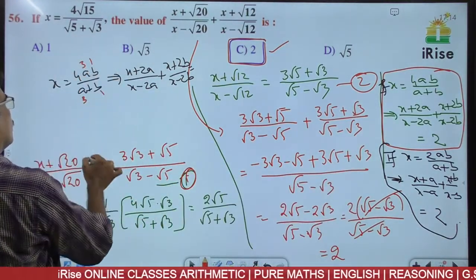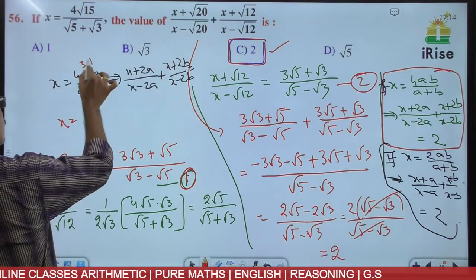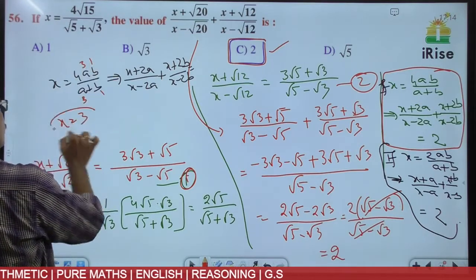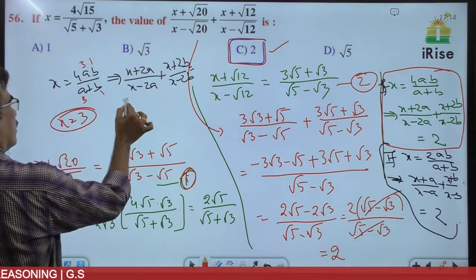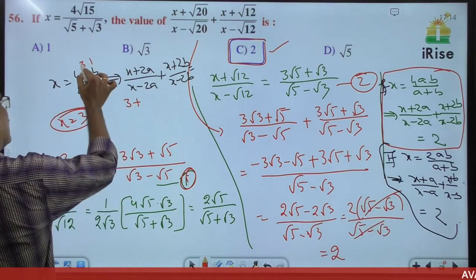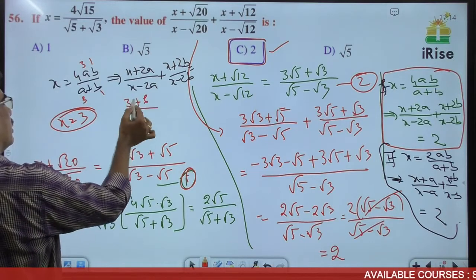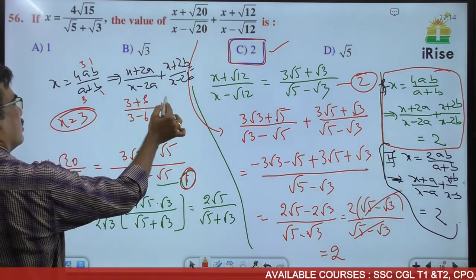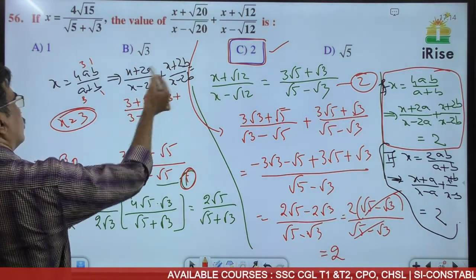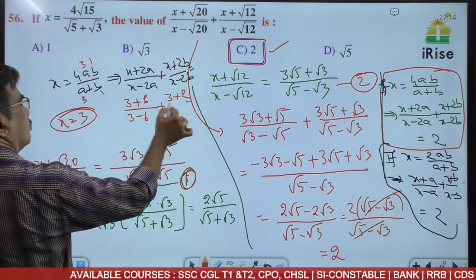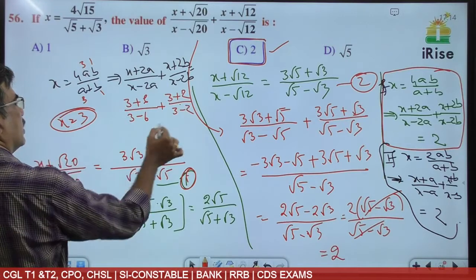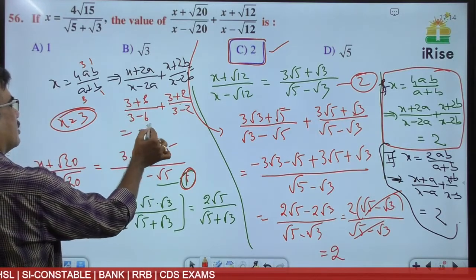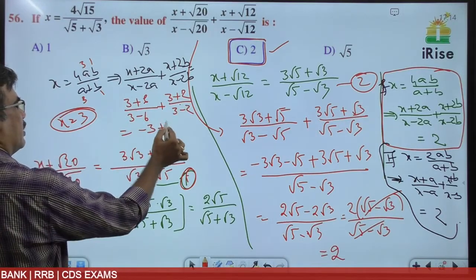Then what is x? 4 times 3 is 12, by 4, which is equal to 3. X is equal to 3. Put x is equal to 3 here. 3 plus 2a, a is 3, 6, by 3 minus 6. This is 3 plus 2b, b is 1, 2, by 3 minus 2, which is 1. This is 9 by minus 3, which is minus 3, plus 5 by 1 is 5.